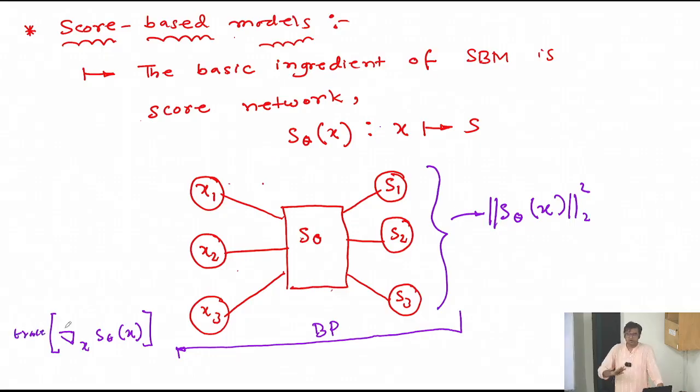Now, obviously, we will not do the total back propagation. If you do the total back propagation with respect to x, the matrix might become very large. You do not want to compute that large a matrix. So what you will do is you will take S1, and from S1 you will backprop to find del S1 del X1. You will take S2, you will do a back propagation to find del S2 del X2.